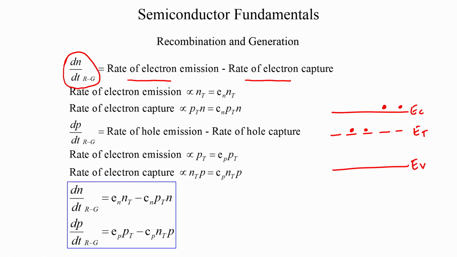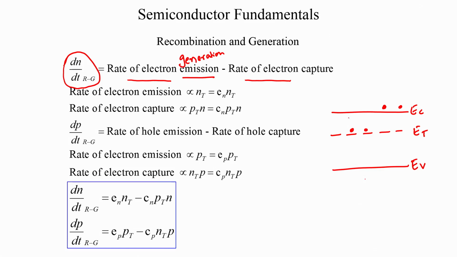Now, what is the rate at which electrons are emitted? The emission can only happen from the trap states. We are not talking about band to band generation here. So, emission implies generation. We use the word emitted because these electrons are generated from the trap states, which is equivalent to saying that the electrons are emitted from the trap states.